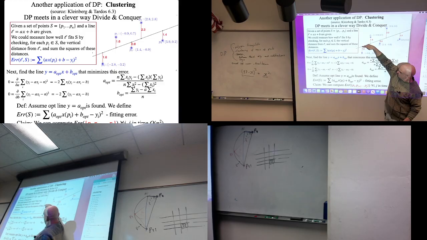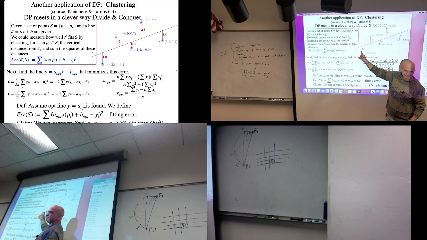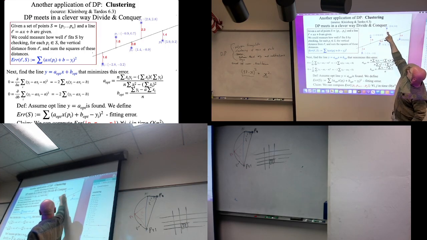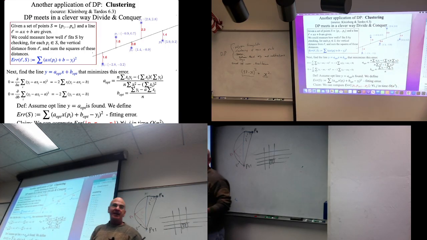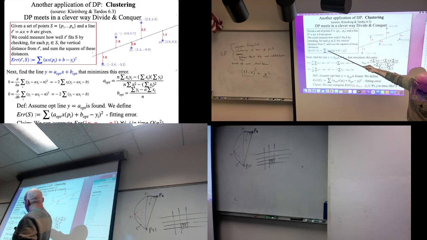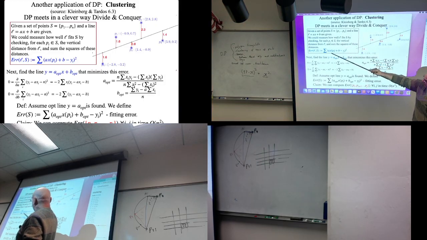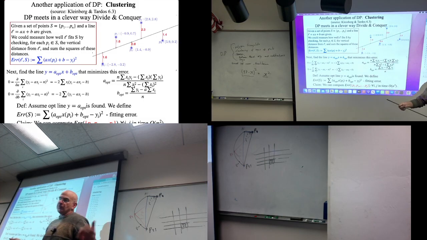I can compute this point, I can compute this point, I can ask what is the vertical distance between them. It's one above the other vertically. Take this distance and square it, just as before. And do it for this point and this point and this point. And look at the sum of squares of all these vertical distances to all the points xi, yi. Xi, yi are points in my set of points.